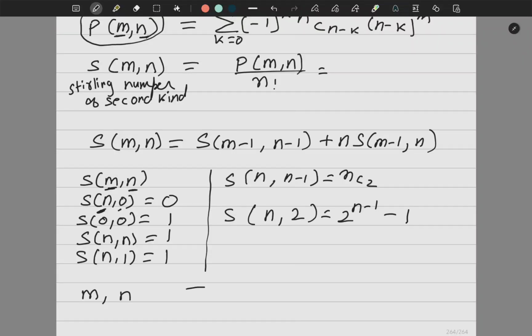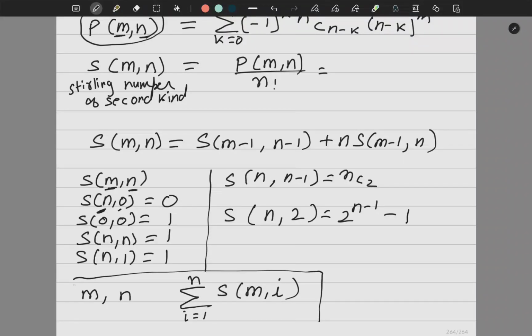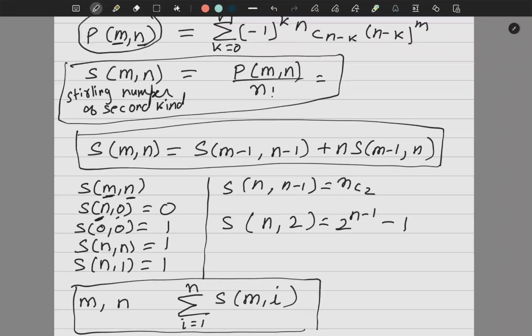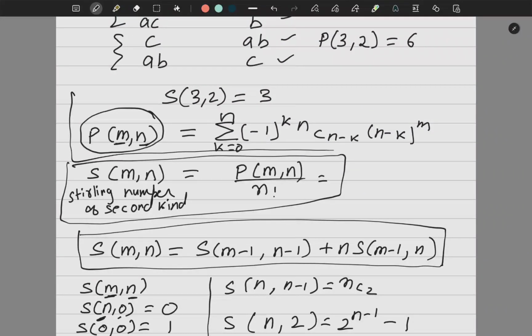That time the number of ways I can do this arrangement is given by this formula. So basically I have told you three formulas. This is the third formula. This is one formula, this is one formula, and this is the main formula.